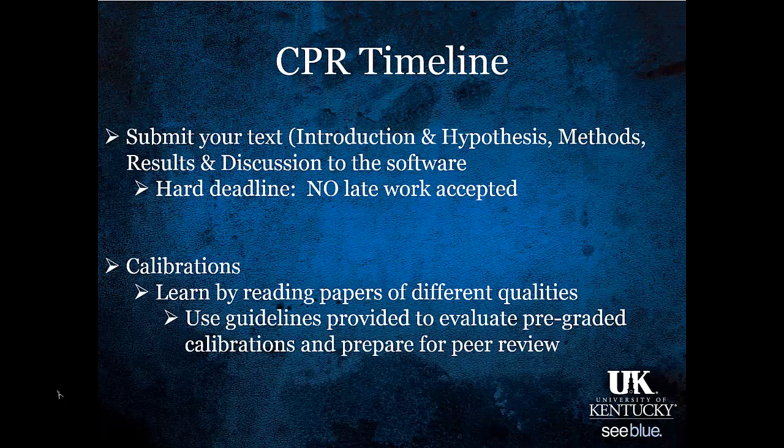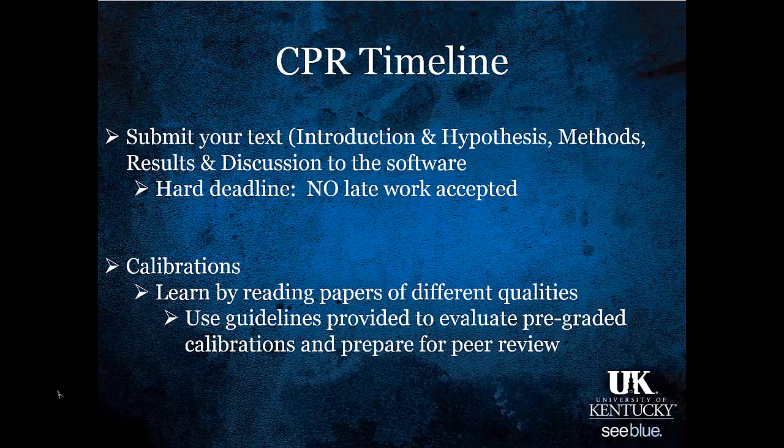In doing the calibrations, you learn how to recognize good quality papers from not so good quality papers. We do this by giving you the guidelines that you've probably already seen either through Blackboard or through your course website.